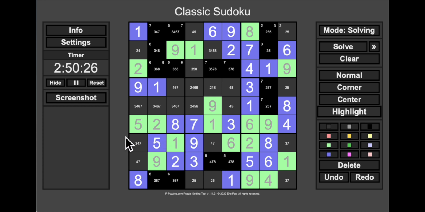Now, I'm highlighting everything with a corner mark in it to see if I can figure out how to unwind that, because I've got 4 cells, 1, 2, 3, 4, that have 2 different candidates, both marked as a corner.